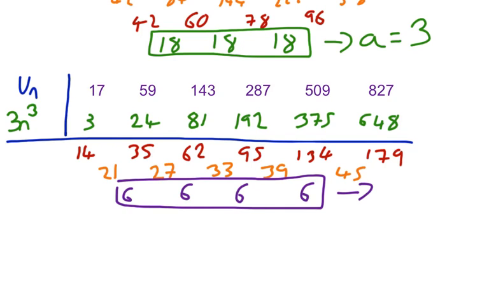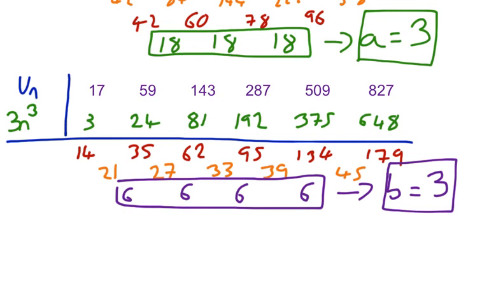So b is what's multiplying the n squared term, and b is equal to 3, because when we're looking at quadratic sequences we have to halve the second difference. So now we have a is equal to 3, and b is equal to 3 as well.